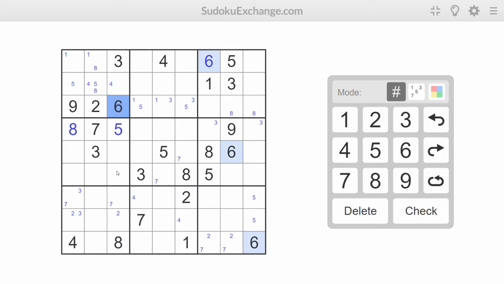Or 6, I think this 6 and this 6 see this spot, this one and this one. So we can put in a couple of 6s here.